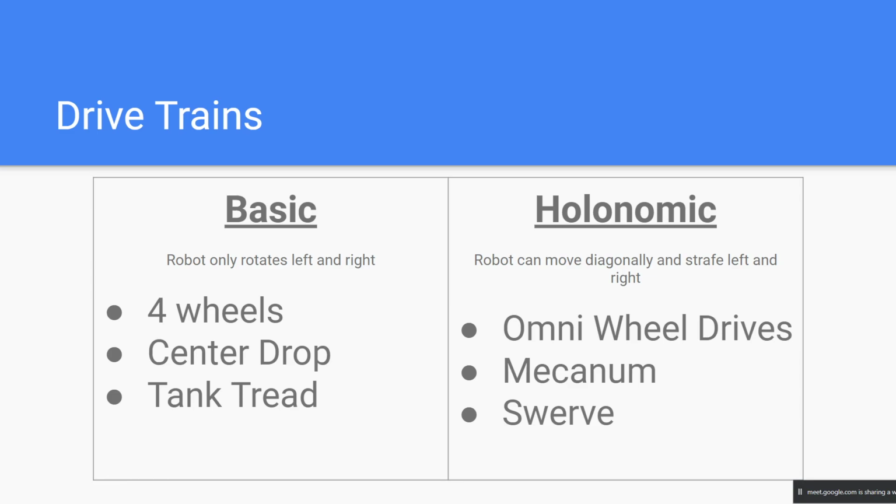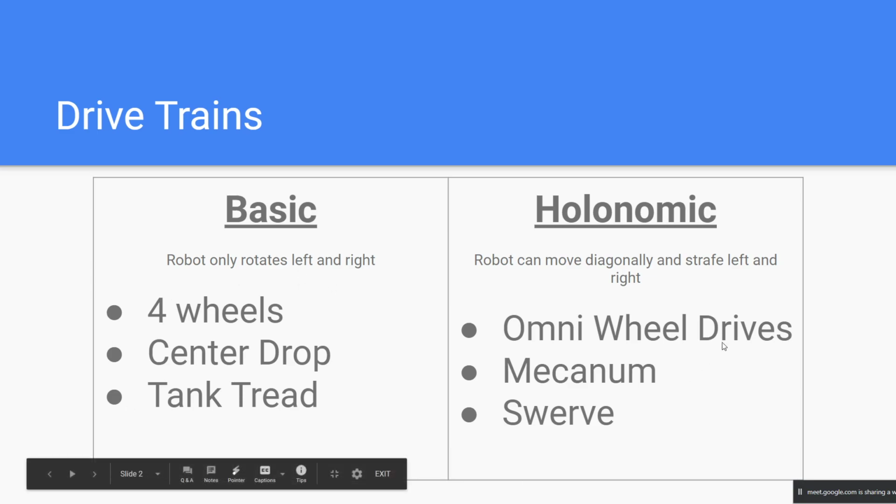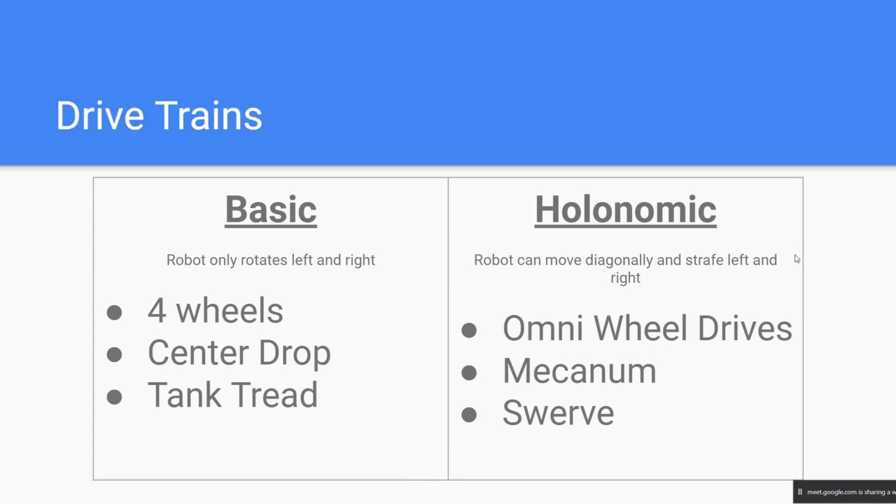So there's different types. There's 6. There could be others that I don't know about, but those are probably going to be more unique, kind of weird. These are pretty basic, and most people use one of these. On this side we have basic drivetrains.